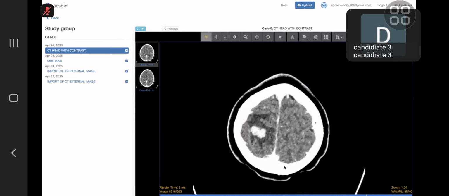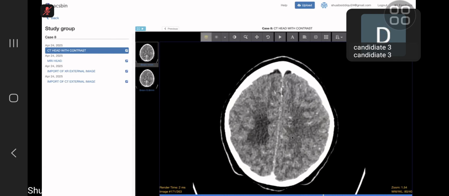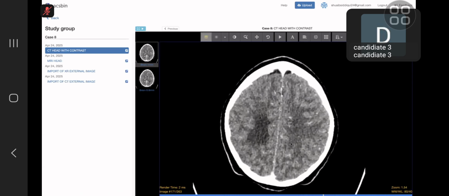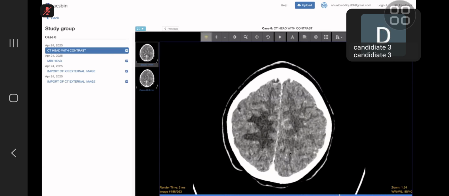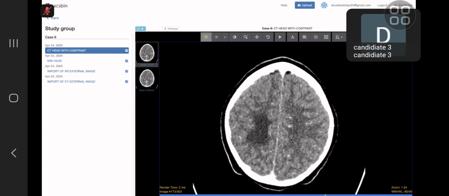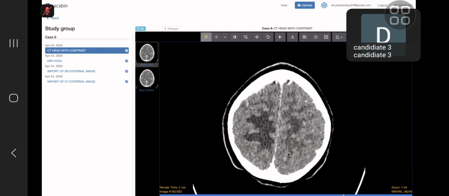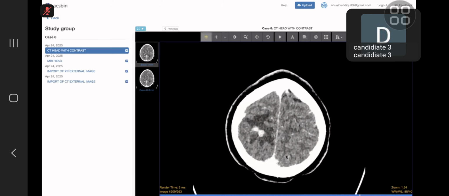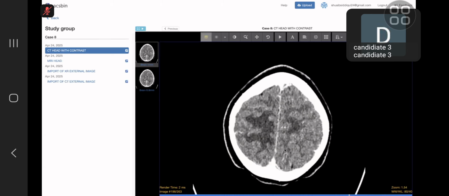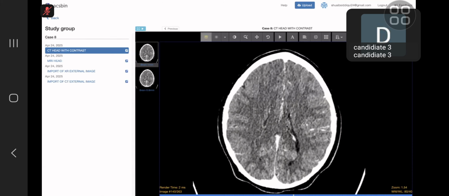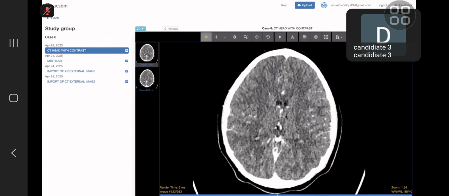The most striking thing I can see is that there are bilateral hyperdense lesions detected within both cerebral hemispheres. Also within the right cerebral hemisphere there is a surrounding hypodensity, low density suggesting edema.